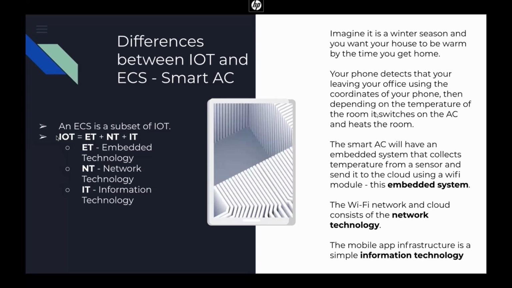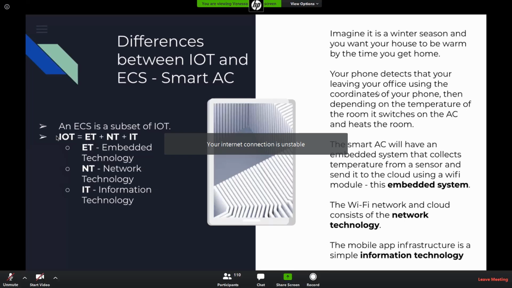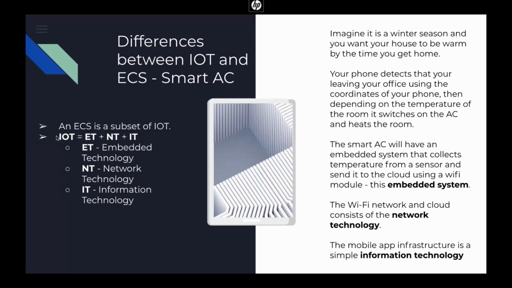Then the mobile app infrastructure, that is the app on your phone that you can control everything in your home, maybe control your AC, control your doors, like see whoever has got in. That is a subset of an IoT device.